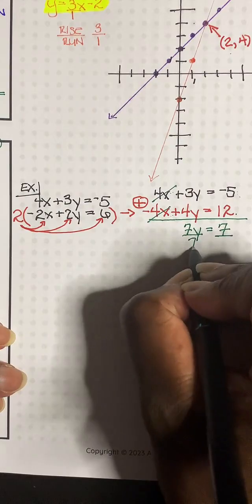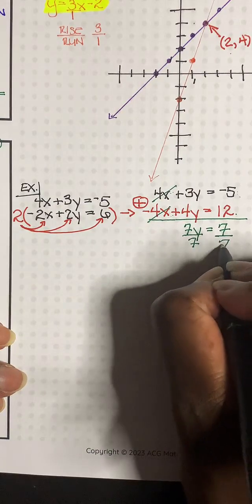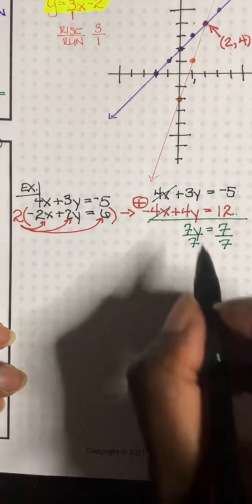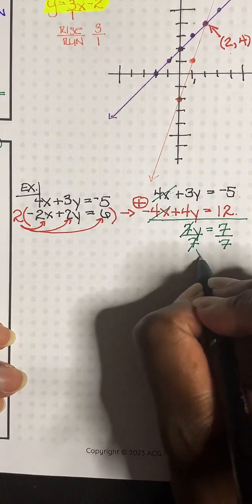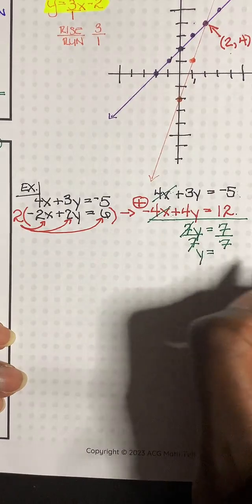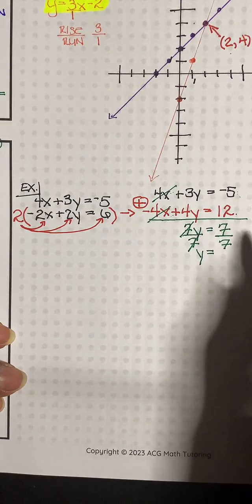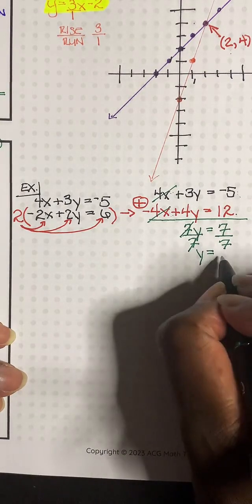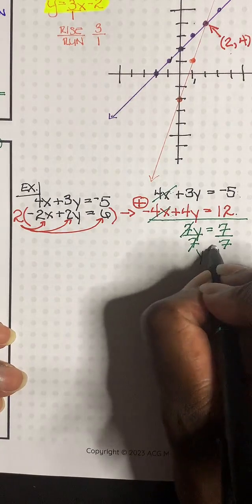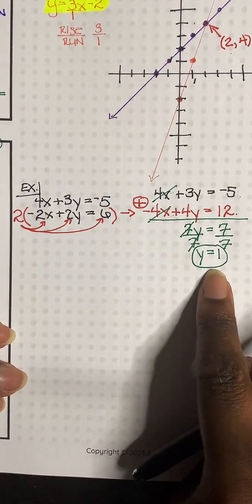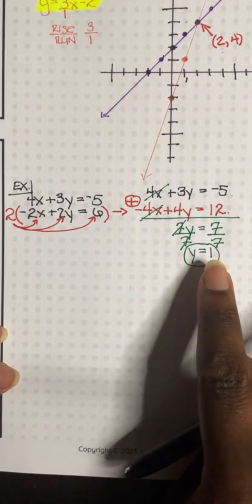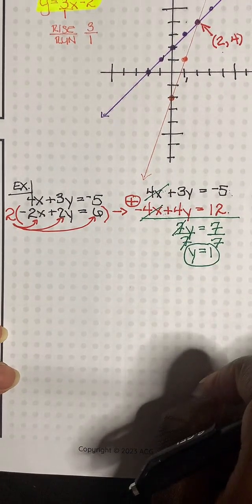So I'm dividing both sides by 7, because our goal when we're trying to solve is to get our variable by itself. So now 7 divided by 7 gives me 1. So we know that our y value for the point of intersection is going to be 1.